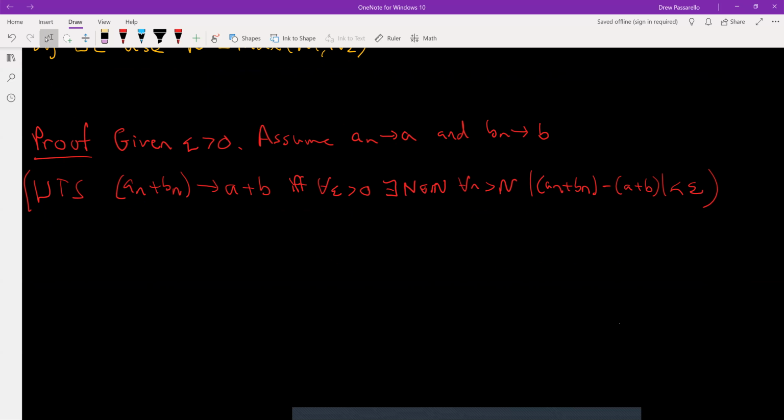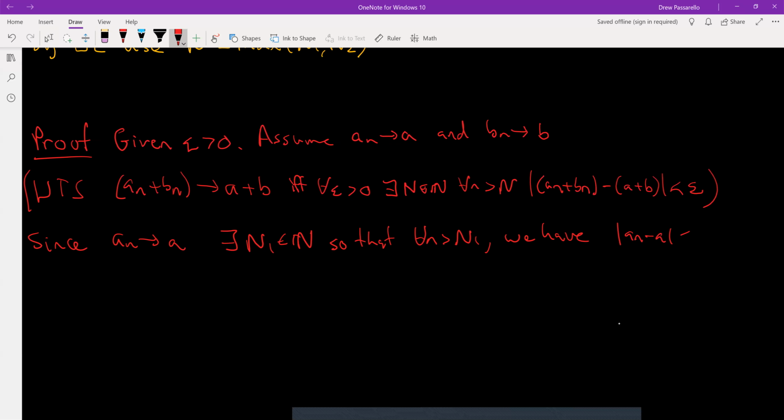Okay, so we're going to use the fact that An converges to A and Bn converges to B. So since An converges to A, there exists some capital N1 so that for all little n bigger than capital N1, we have the absolute value of An minus A less than epsilon over 2, right?